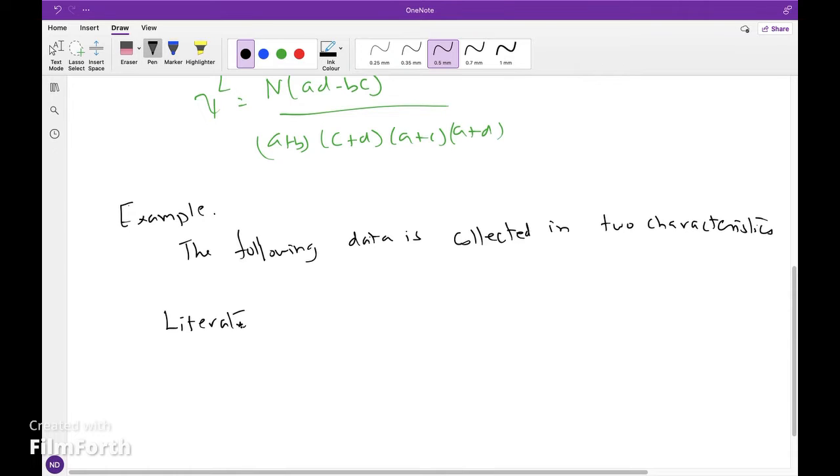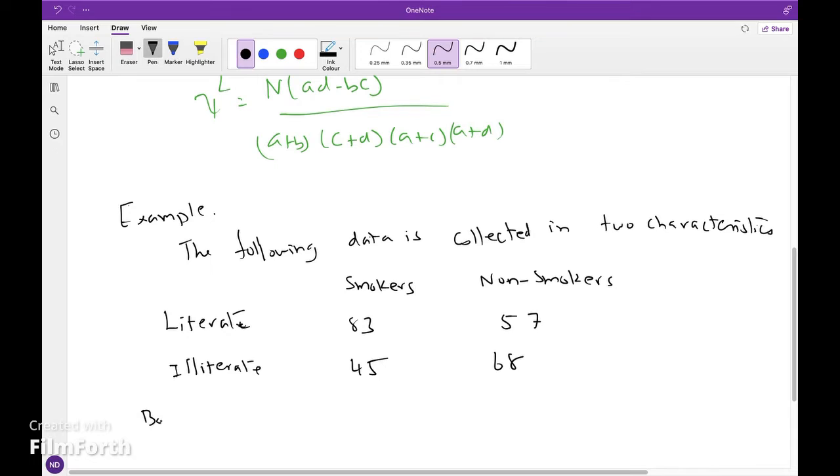Literate, illiterate, smokers, non-smokers. Here 83, 57, 45, 68.